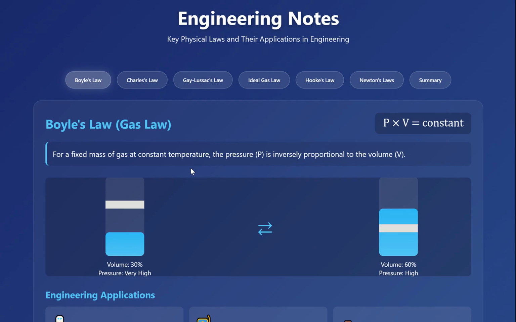It tries to explain the relationship between temperature, pressure, and volume. If you keep temperature constant, but you vary pressure and volume, you realize that when the pressure increases, the volume will reduce. But when the pressure reduces, the volume increases.